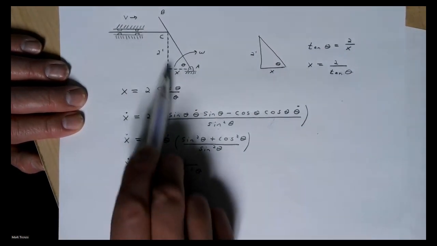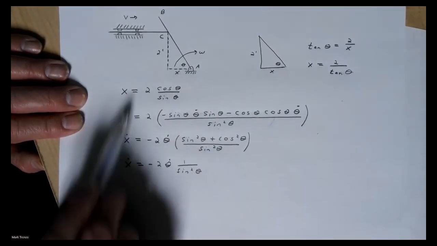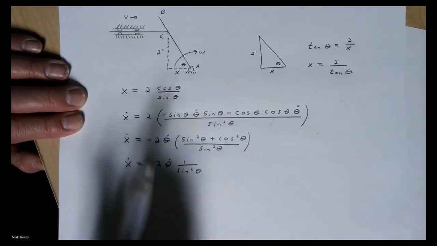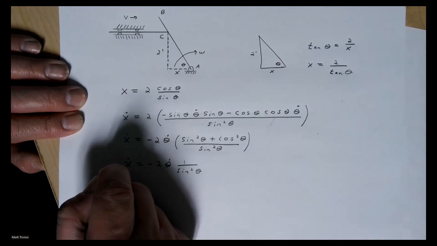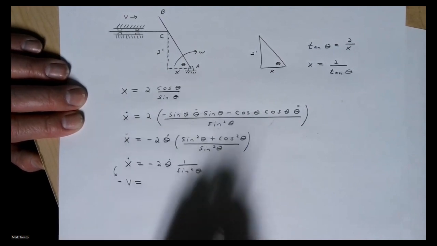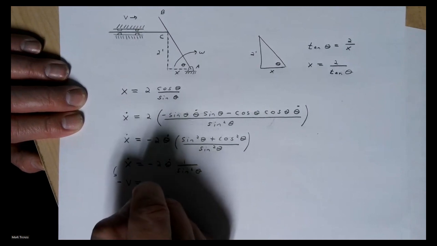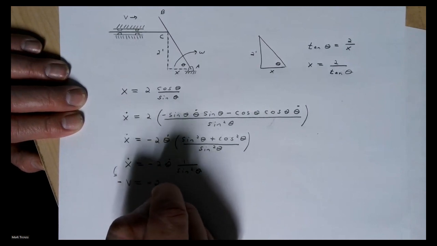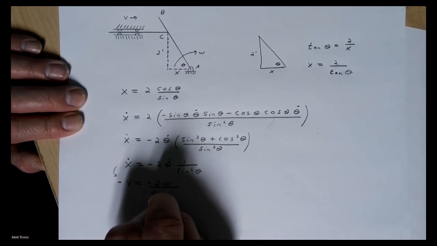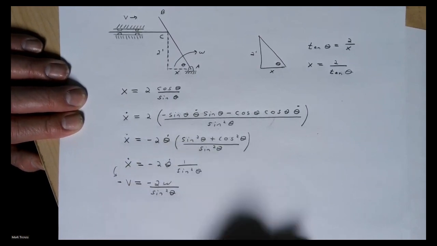This velocity here decreasing is going to be the same as this velocity, but opposite signs. So we can put this velocity in here, except that'll be a negative v. And we can put omega here, like this.